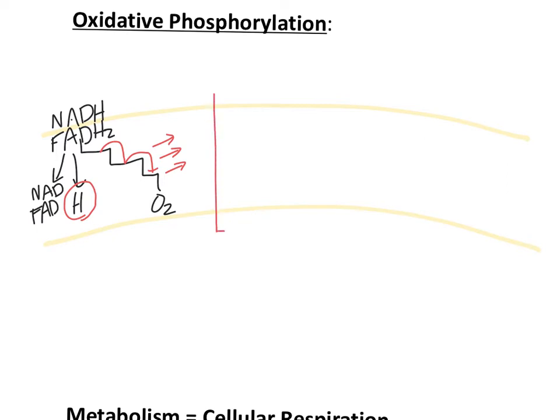So we have a huge movement of hydrogen ions across the inner mitochondrial membrane. We call that active transport. The hydrogen ions are pumped all to one side of the membrane.